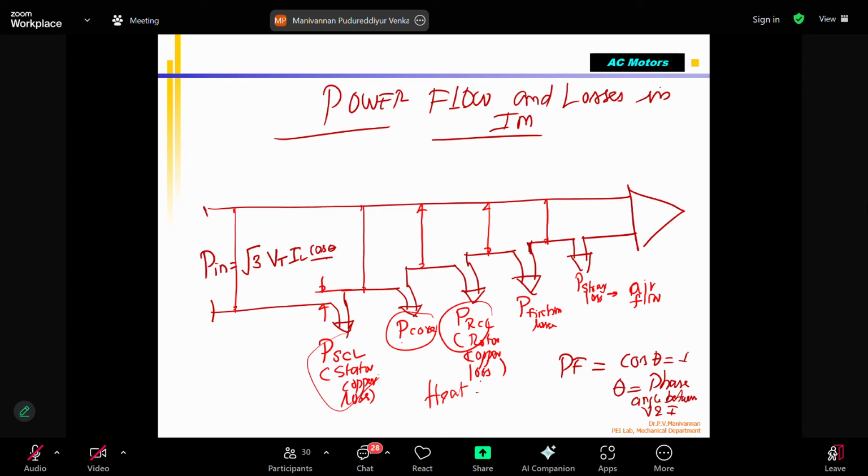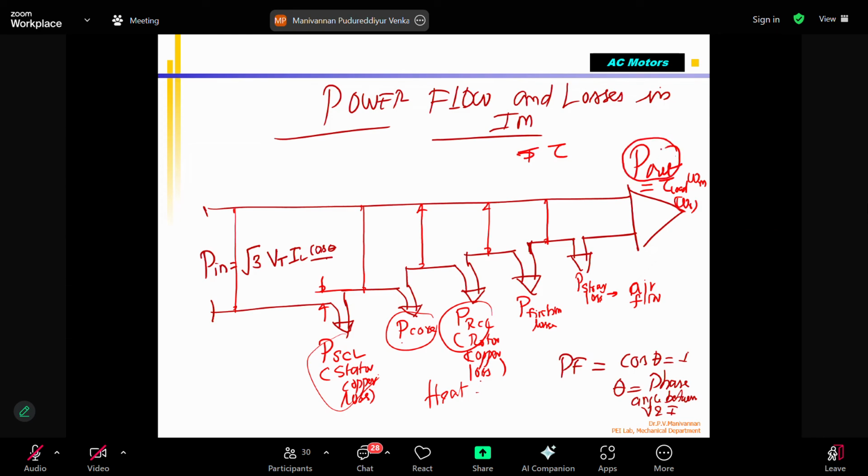This is very good. Then there is tau load. That is load torque multiplied by omega. Omega is rotor speed. Rotor speed multiplied by load torque is the final output delivered to the load.